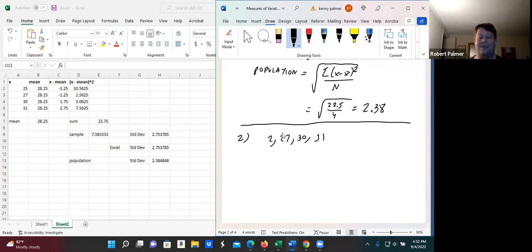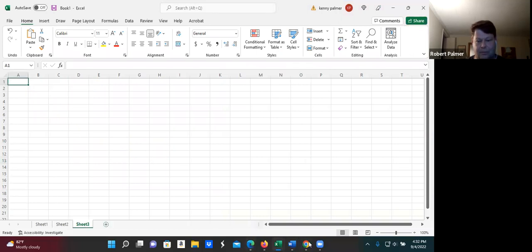So if we calculate this, in fact, let's do another sheet. Let me put in these data values. We won't go through the whole process. I'll just do this with Excel. So let's make this 2, 27, 30, and 31.